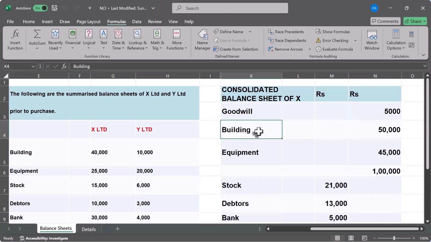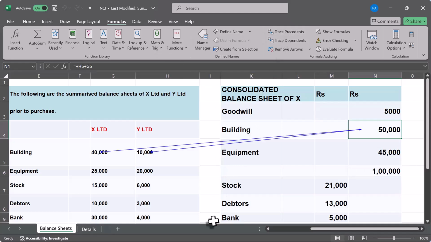Then building. Building is the combination of 40 plus 10. It is calculated by taking 40,000. When you look at the building of the consolidated company, 40 plus 10, 50,000.